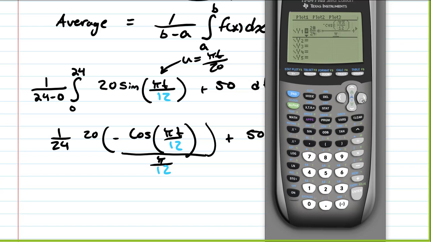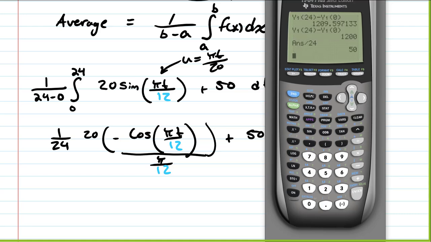And, sorry, one more thing. That 1 over 24 should have been multiplied to both of them on our calculator. That one's a little hard to put into our calculator. So this also needed to be divided by 24.